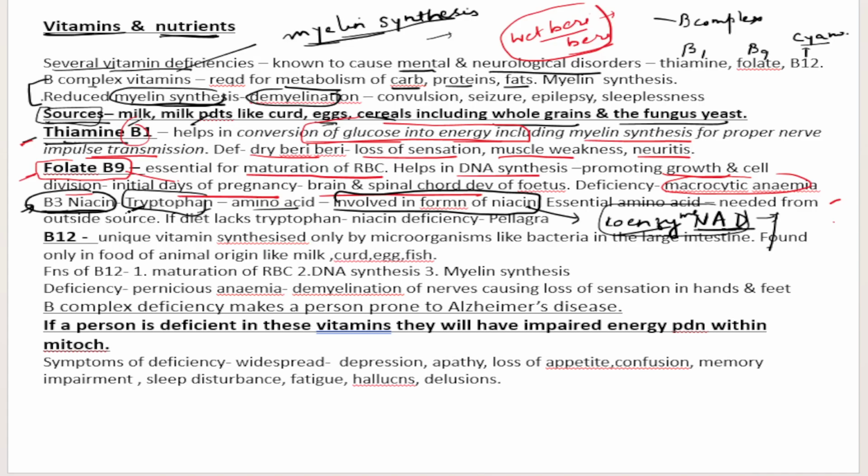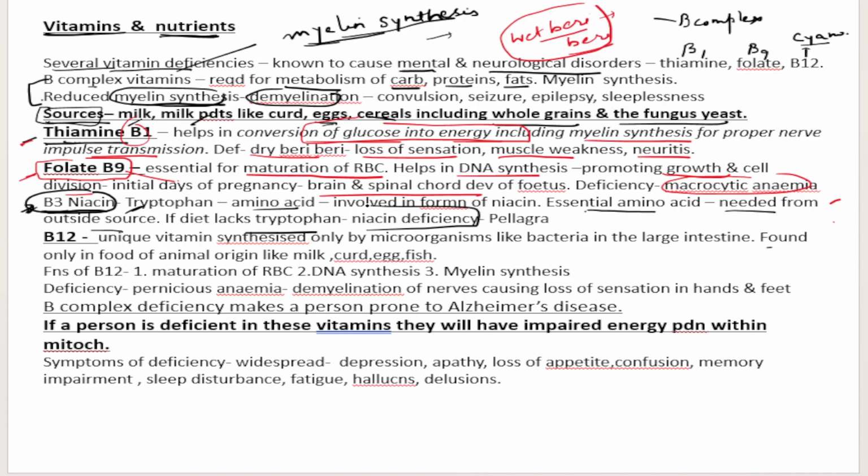Now, vitamin B3 or niacin: tryptophan, an amino acid, is involved in the formation of niacin. And tryptophan is an essential amino acid, which means that this amino acid is needed from an outside food source. The body does not manufacture it itself. And if our diet lacks tryptophan, then it is going to cause niacin deficiency, deficiency of vitamin B3, which causes a disease called pellagra.